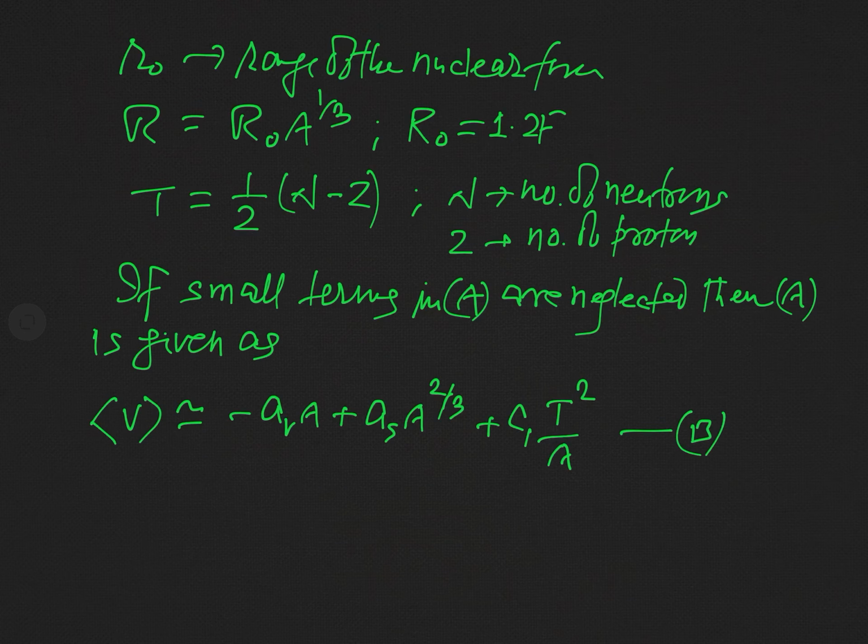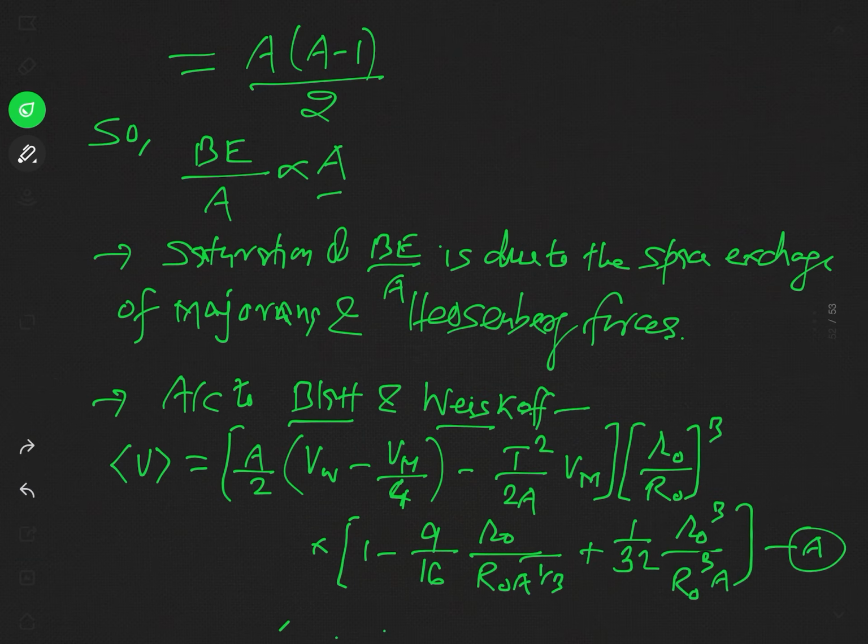Actually, these coefficients, that is AB, AS and C1, can be defined from the equation A. You can see what will be the values of AB, AS and C1 in equation A. Now you can see the first term in equation A, and this first term must be negative. Why must it be negative?